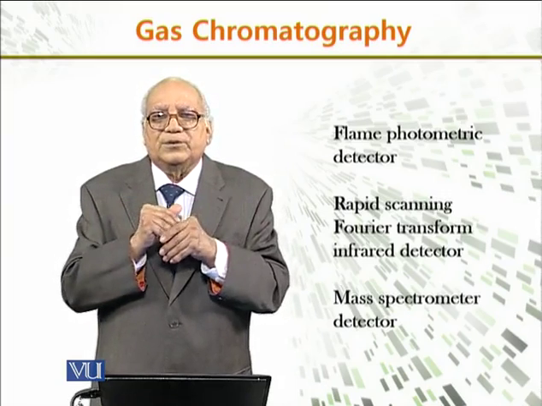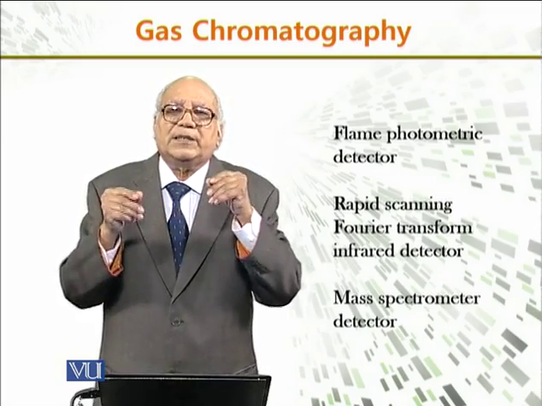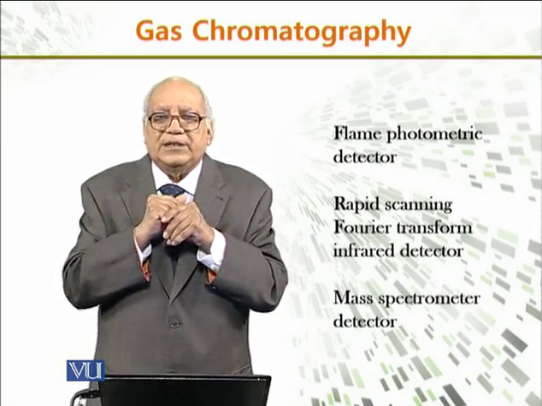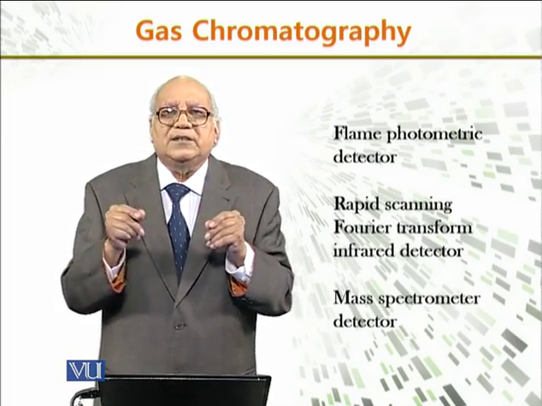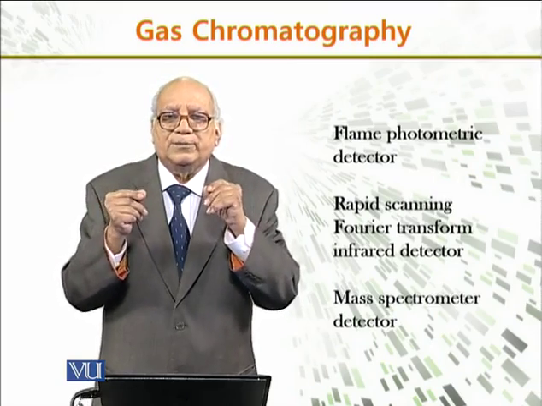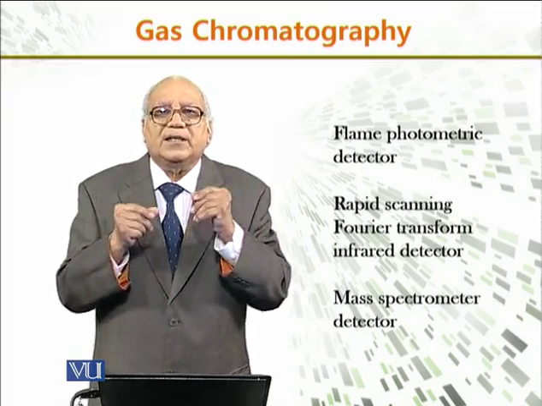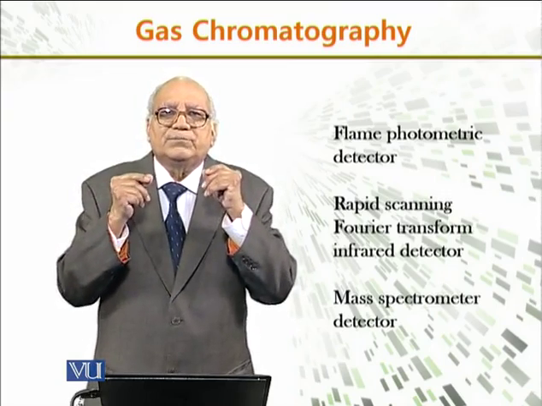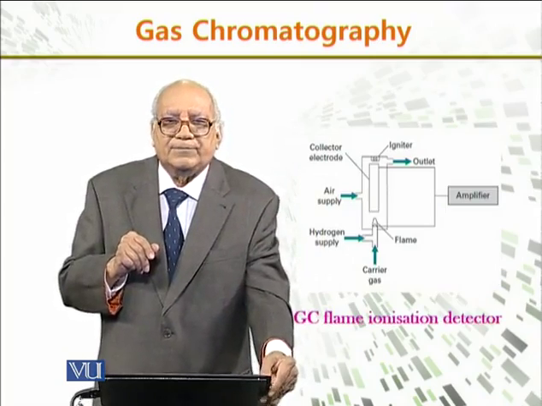They are also used with this. And then there is the mass spectrometer detector. When we use it in conjunction with the mass spectrometer, we can analyze a compound further, precisely and completely.